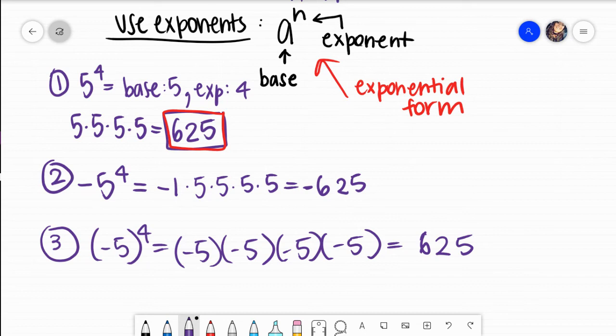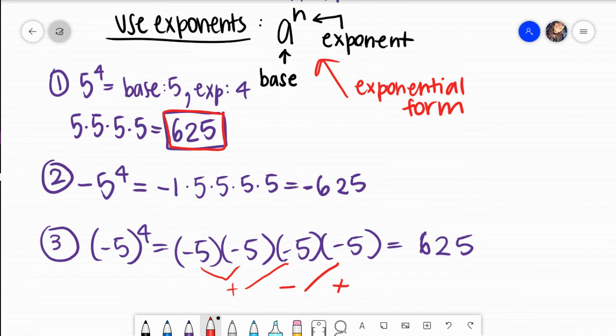Now let's look at our negative signs. A negative times a negative would be a positive. And then a positive times a negative would give me a negative. And then this negative times a negative gives me a positive. So the final answer when you do this problem 3 is that you would get a positive 625.